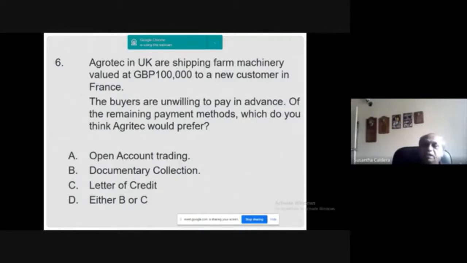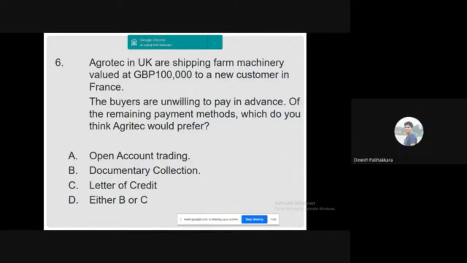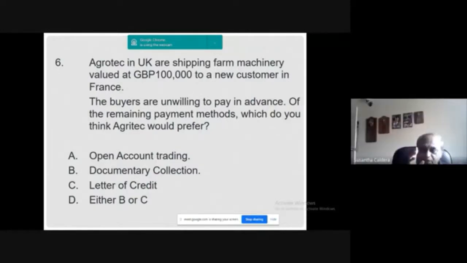Agritech in UK are shipping farm machinery valued at GBP 100,000 to a new customer in France. Now, letter of credit.